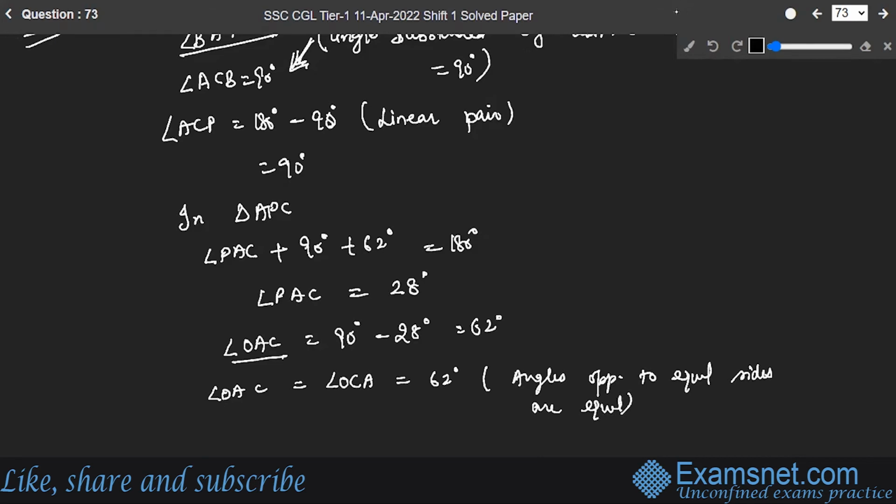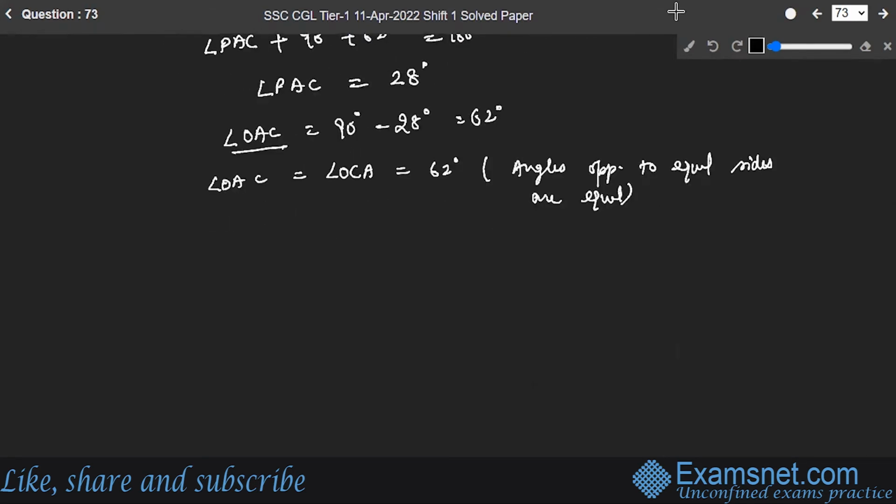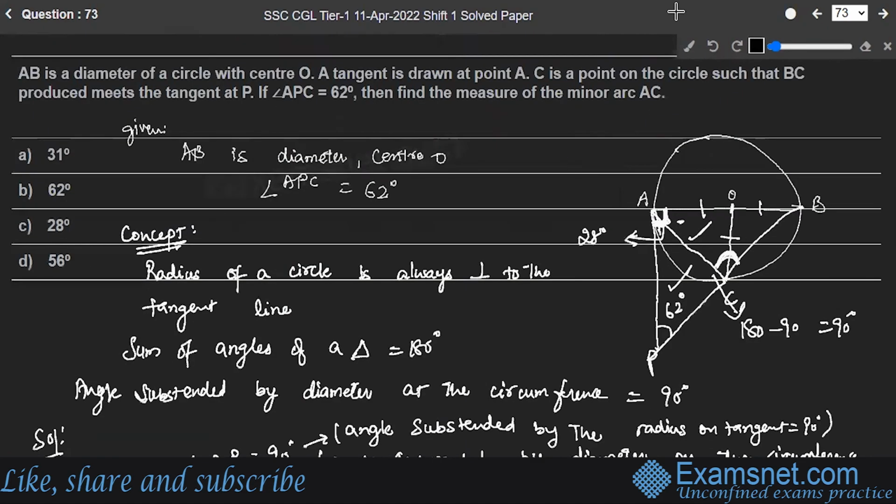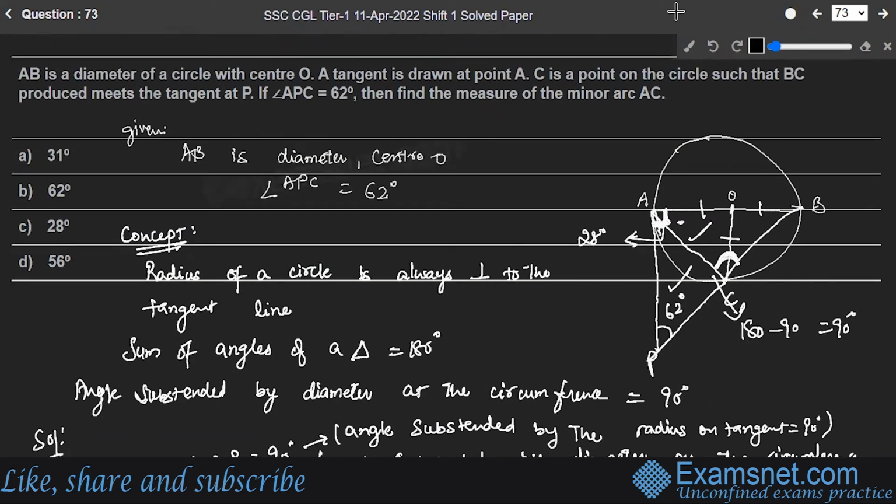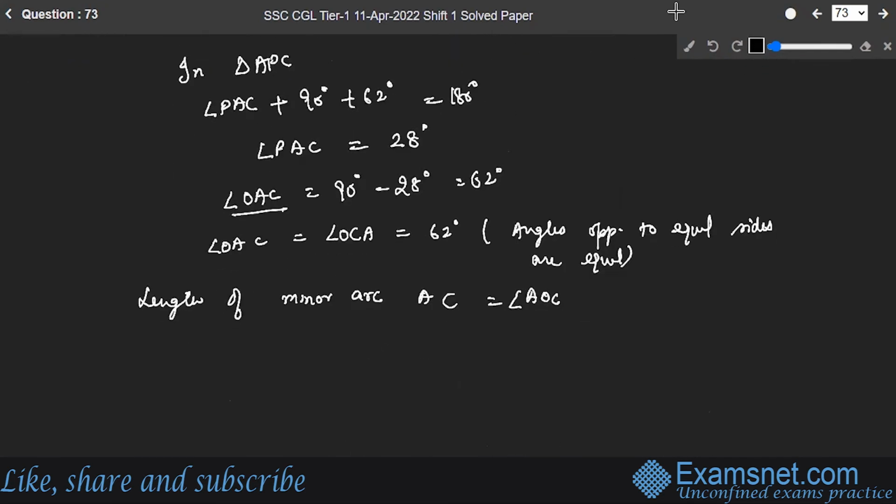Okay. So now you have to find out the length of the minor arc. Length of minor arc AC is equal to angle AOC. See, for this arc AC, the angle at the center is angle AOC. This is in correspondence to angle AOC at the center.